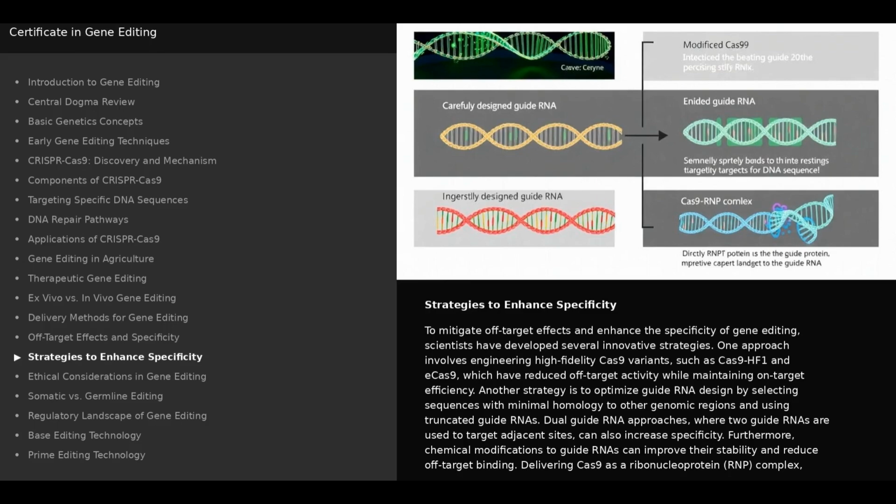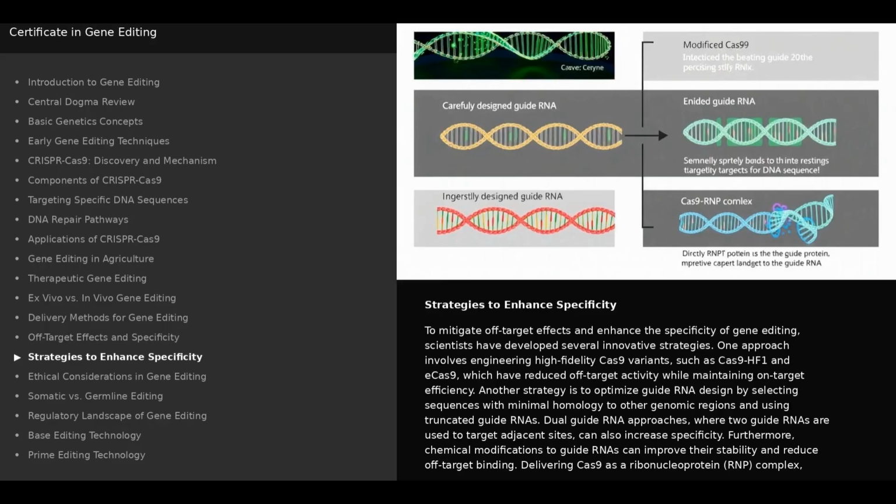Another strategy is to optimize guide RNA design by selecting sequences with minimal homology to other genomic regions and using truncated guide RNAs. Dual guide RNA approaches, where two guide RNAs are used to target adjacent sites, can also increase specificity. Furthermore, chemical modifications to guide RNAs can improve their stability and reduce off-target binding.